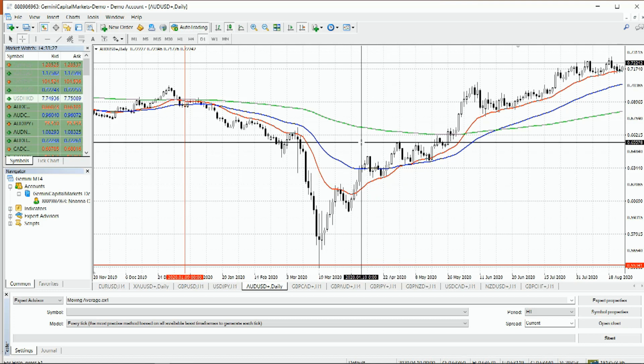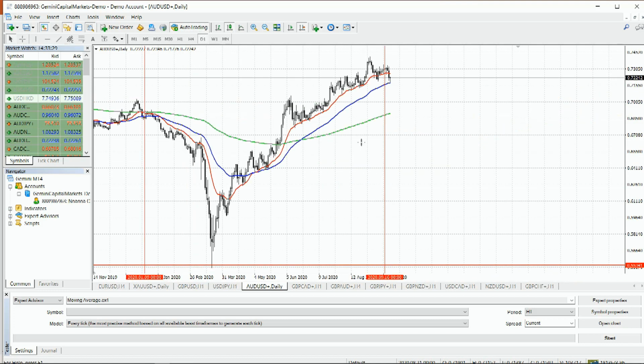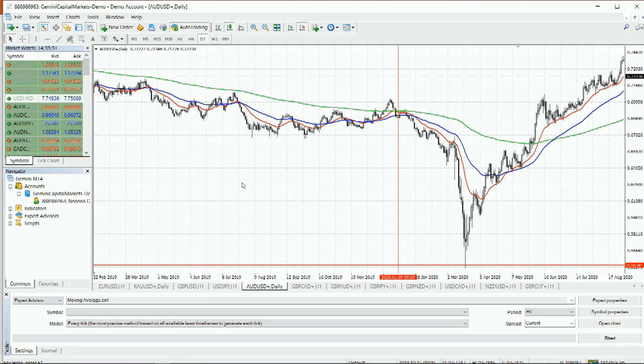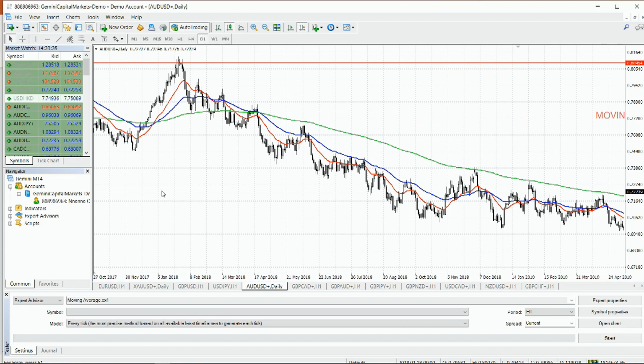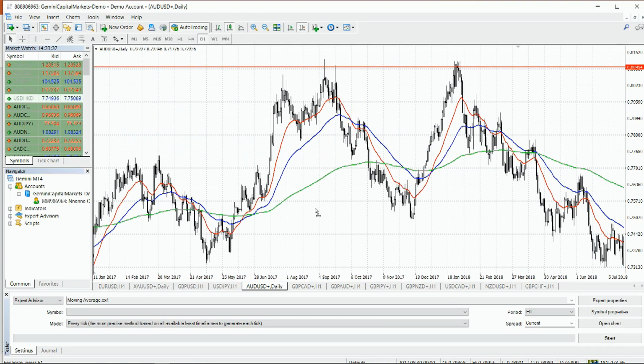So with the moving average cross, let's scroll back in time and see several other examples of where the market crossed over. When we're looking at a market that has been bullish and is now becoming bearish. In this case, the market has been bullish, and then here you had a moving average cross, and you can see how it formed. On top of that, you have this bearish engulfing bar.